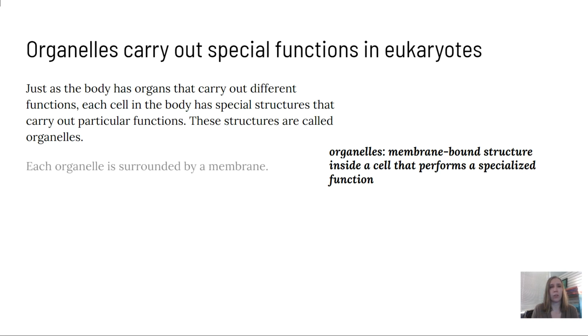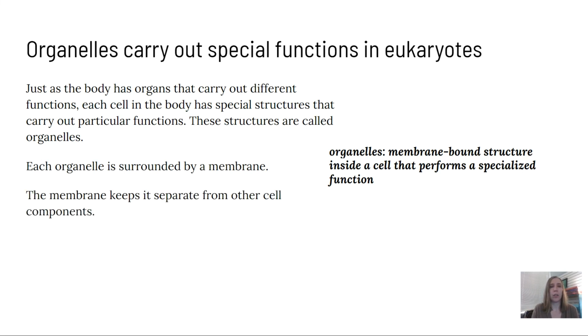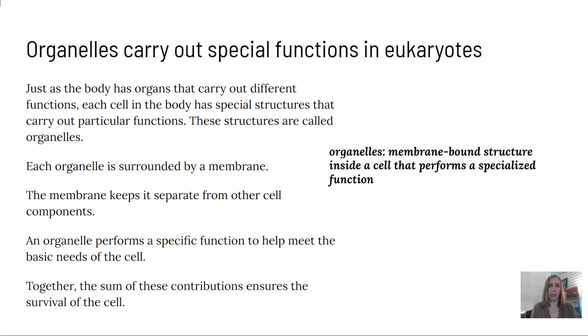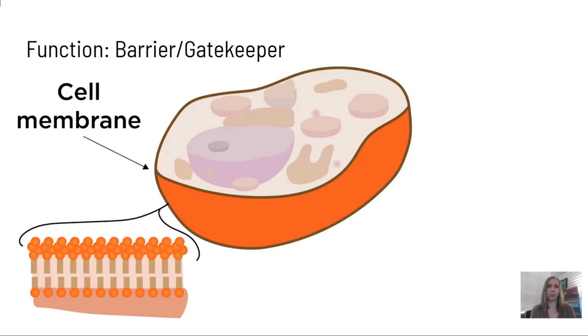These structures are called organelles. Each organelle is surrounded by a membrane. The membrane keeps it separate from other cell components, and an organelle performs a specific function to help meet the basic needs of the cell. Together, the sum of these contributions ensures the survival of the cell.